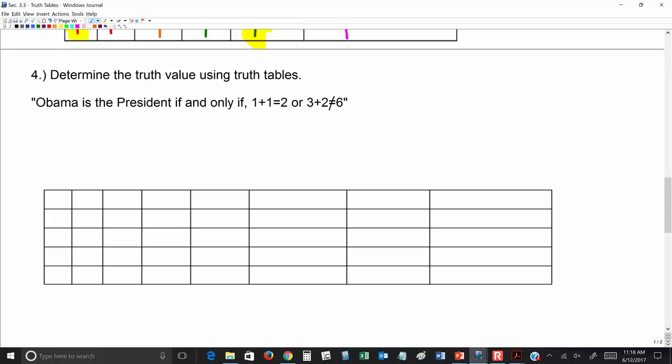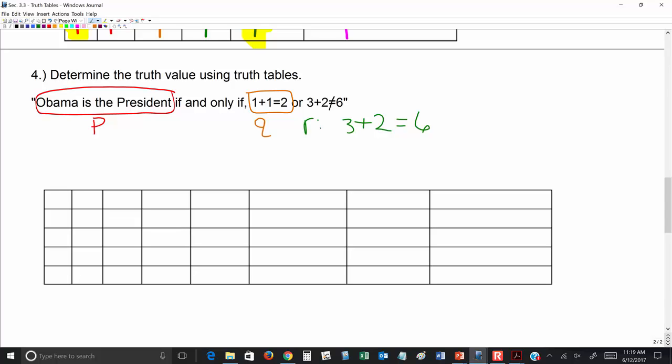Okay, let's say that this statement, Obama is the president, is statement P. And for 1 + 1 = 2, let's say that's statement Q. And then I'm going to say that statement R would represent 3 + 2 = 6, because I don't want to make it a negative statement of not equal to.